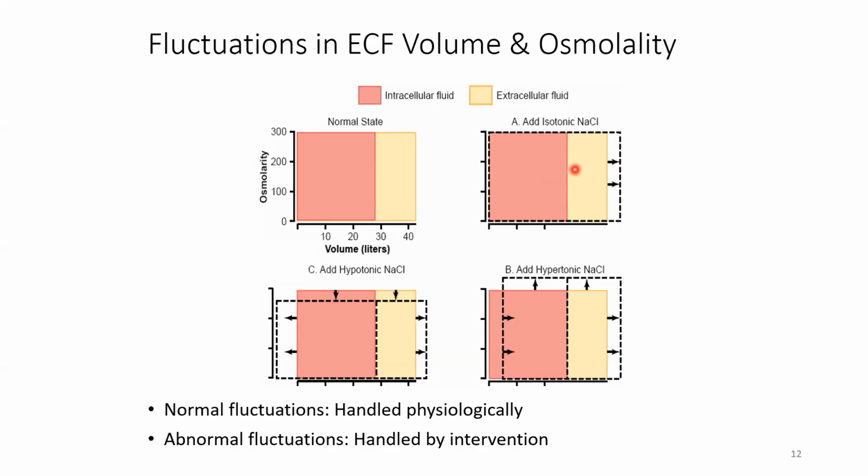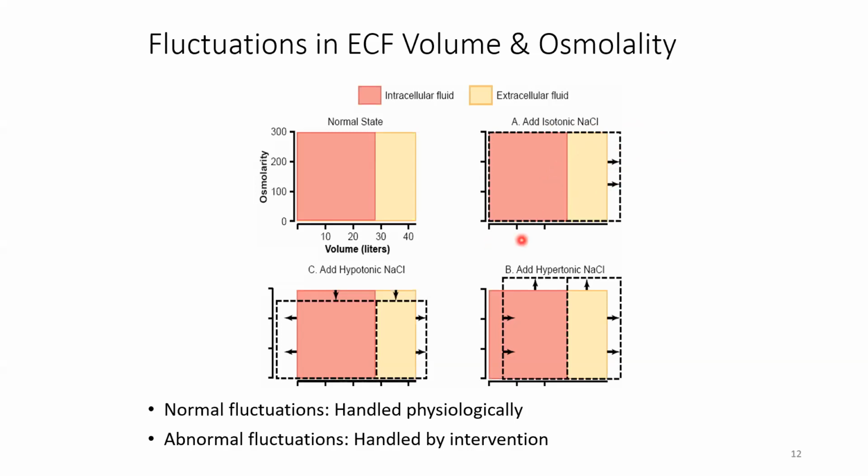So stay with the technique that I'm telling you. You gave this person isotonic saline. Saline is another word for sodium chloride solution. Isotonic saline given to this person hits his extracellular fluid. Now the extracellular fluid's volume increases.